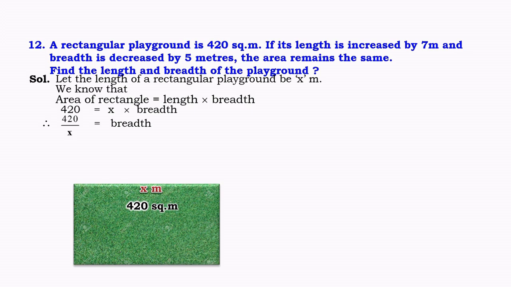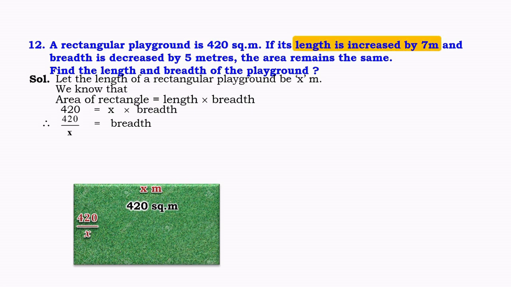The area of the playground is 420 square meters. Therefore, 420 equals x multiplied by breadth. Dividing both sides by x, breadth equals 420 divided by x. So, the dimensions of the original playground are length equals x meters and breadth equals 420 divided by x meters.